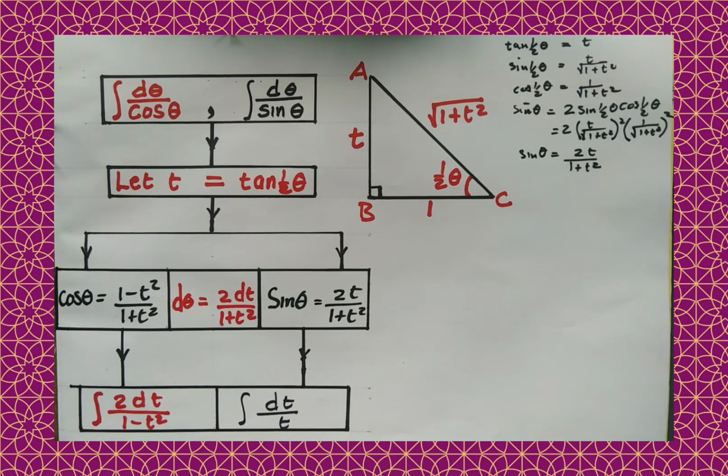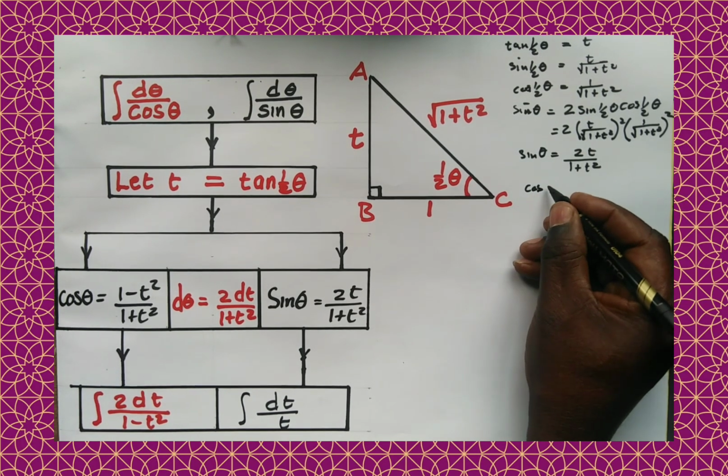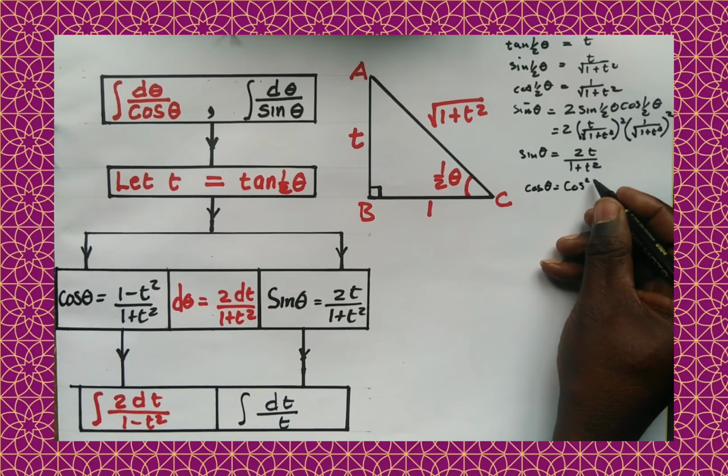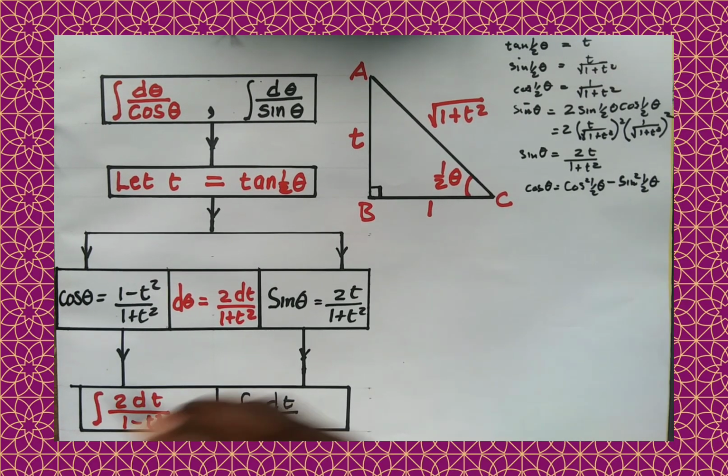What about cosine of theta? How is it related to cosine of half of theta? We know that cosine of theta is equal to cos squared half of theta minus sine squared half of theta.